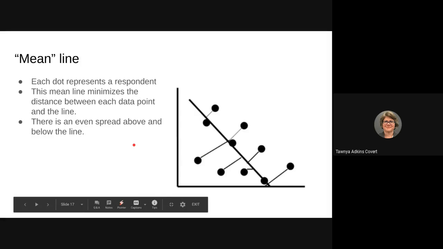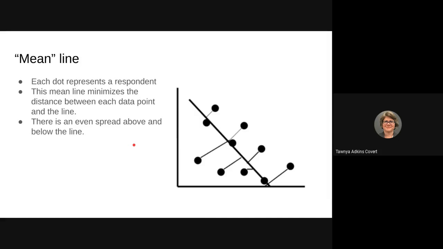Within this, there's also an even spread above and below the line. It's the mean line, and what did the mean tell us? Half the scores above and half the scores below. So this notion of a mean line through the data is a line where half of the deviations are above and half of the deviations are below.